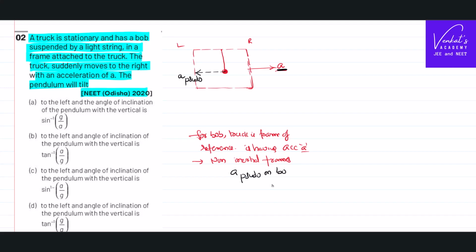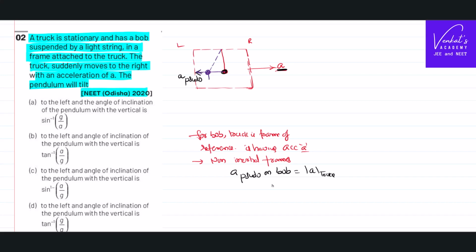Now this body becomes a body in an inertial frame, and we can study that further. What we can say is, as there is an acceleration acting on the bob towards the left, the bob tilts towards the left this way.